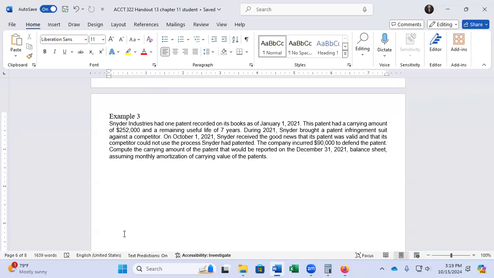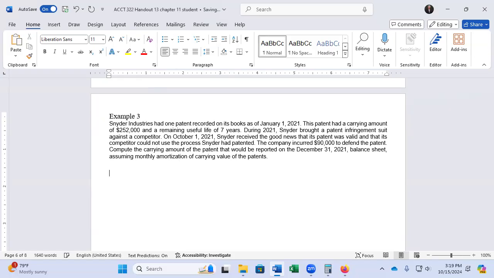And that's at the start of 2021. During 2021, Snyder brought a patent infringement suit against a competitor. And on October 1, Snyder received the good news that the patent was valid against the competitor, who could not use the process Snyder had patented. The company incurred $90,000 to defend the patent. Compute the carrying amount of the patent that would be reported on the December 31, 2021 balance sheet, assuming monthly amortization of carrying value of the patents.